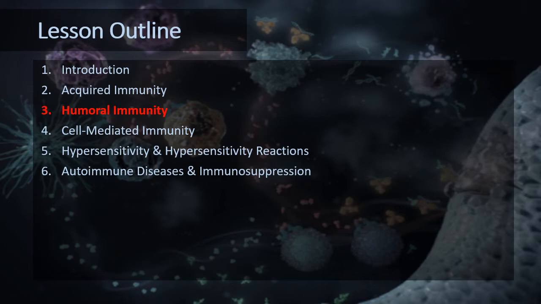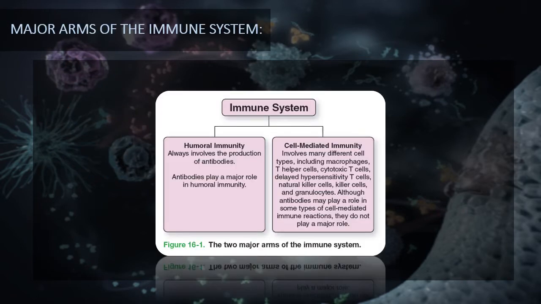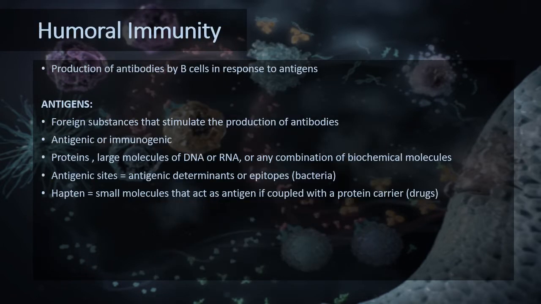Now let's proceed to the humoral immunity. As mentioned earlier, humoral immunity is one of the two arms of the immune system where it utilizes antibodies to defend the body against pathogens. Humoral immunity involves the production of antibodies by B cells in response to antigens. So what are antigens?